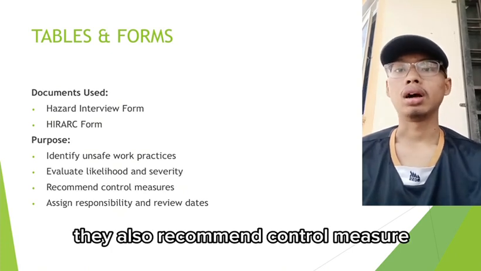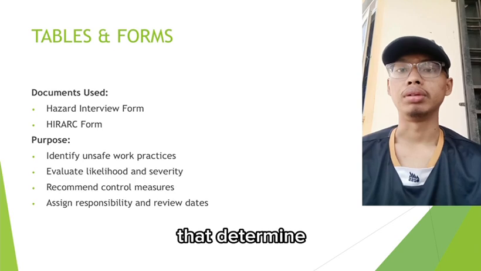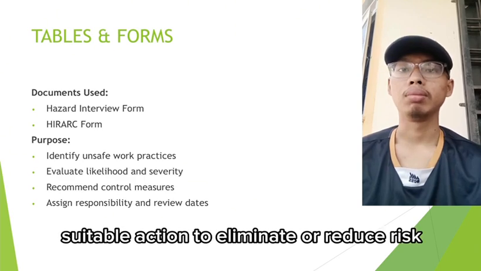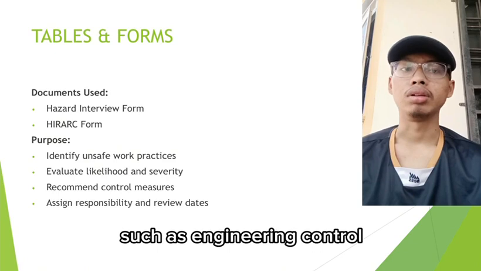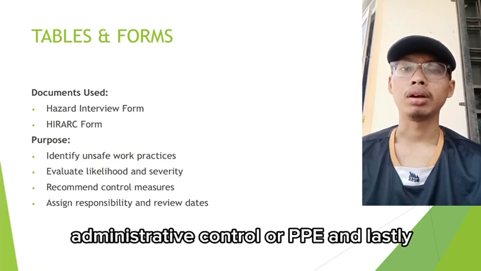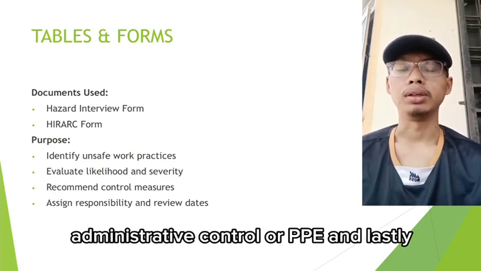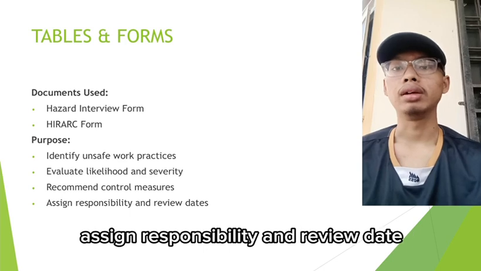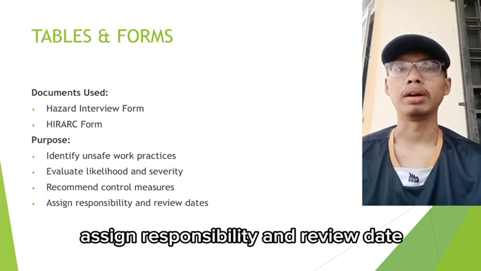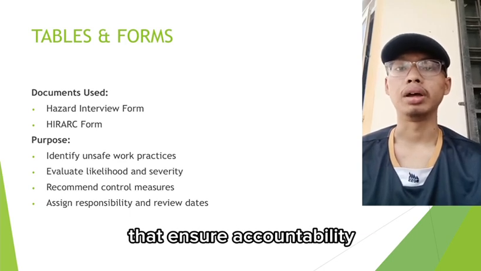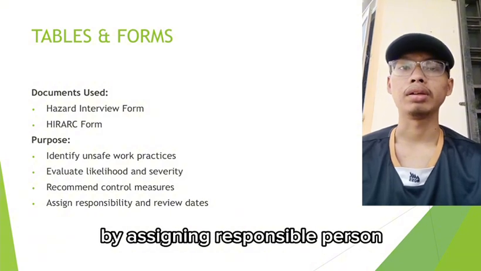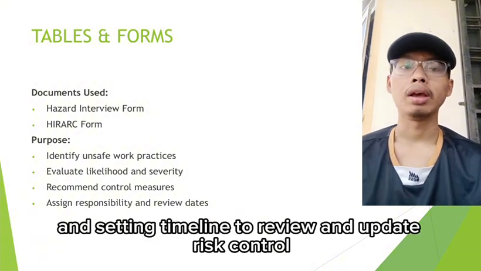They also recommend control measures that determine suitable action to eliminate or reduce risks, such as engineering control, administrative control, or PPE. And lastly, assign responsibility and review dates that ensure accountability by assigning responsible person and setting timeline to review and update risk control.